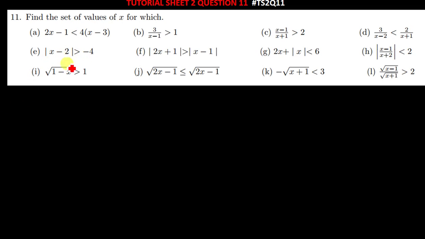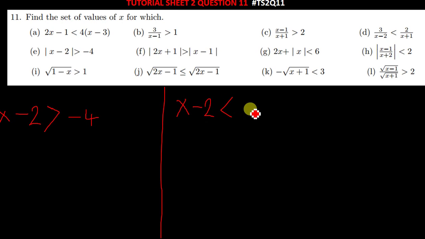So the positive form is just the normal form of it, which is x minus 2 is greater than negative 4. You also write the negative form of this question, which is x minus 2 is less than, you change the sign, is less than positive 4.